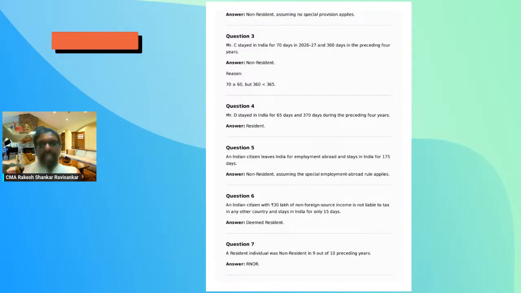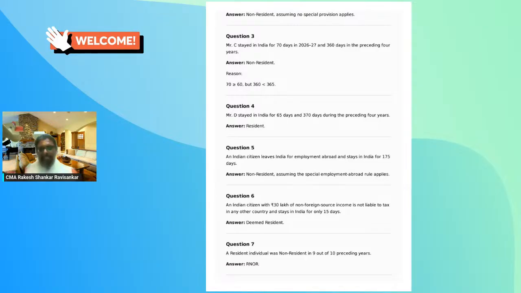Mr. D has stayed in India for 65 days and 370 days during the preceding 4 years. So in the current year, 60 days, plus in the preceding 4 years, equal to or exceeding 365 days. So Mr. D has become a resident for the tax year 26-27.